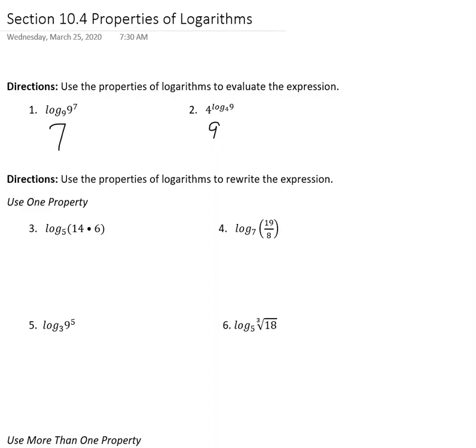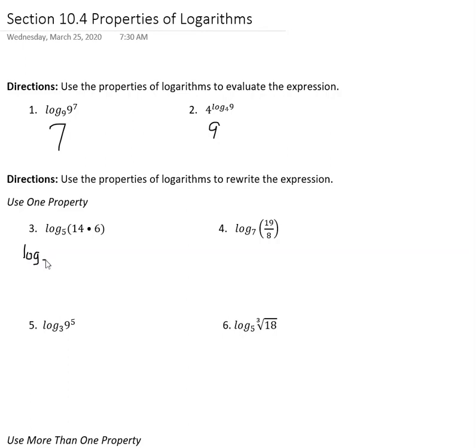All right, this next section says to use the properties of logarithms to rewrite the expression. So problem number 3, I want to take this product here of the two numbers, and I'm going to write this as the sum of two logs using my product rule.